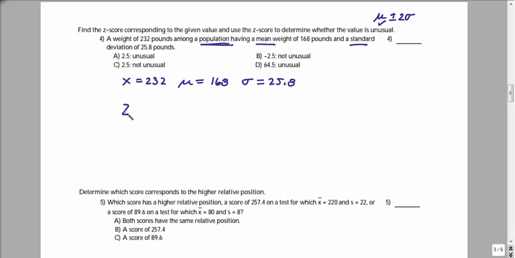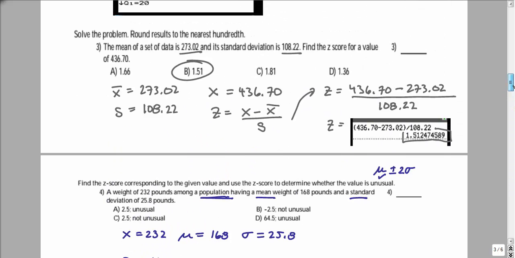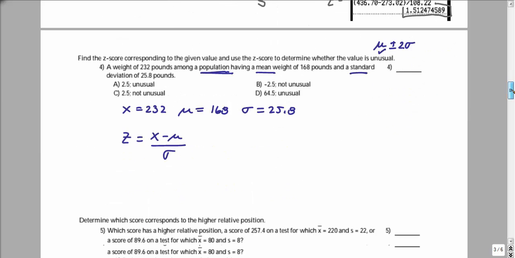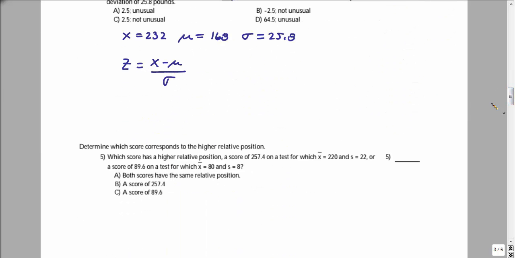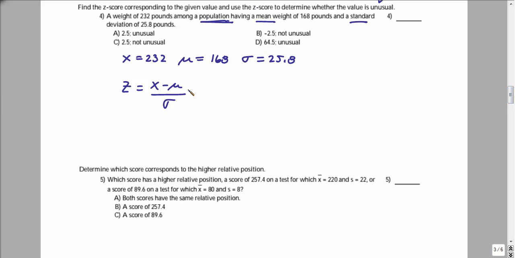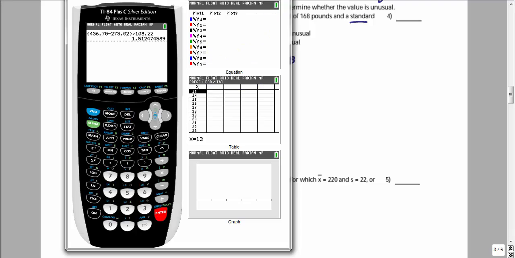So my z equals x minus mu over sigma. Now up here we were given sample information, so that's why we have x bar and s. Here we have population information, so we're using mu and sigma. So we have 232 minus 168 all over 25.8. Okay, so again, we're going to go ahead and plug that into our calculator.